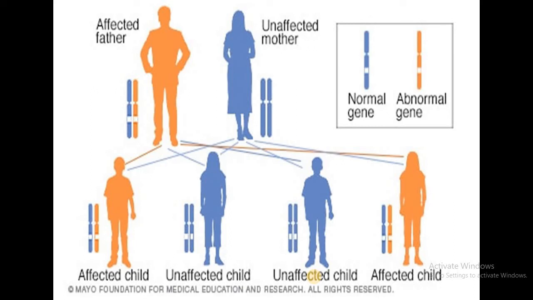With the exception of genes on the sex chromosomes, a person inherits two copies of every gene, one copy from each parent, and a parent with a defective gene could pass along the defective copy of the gene or the healthy copy. So the child therefore has a 50% chance of inheriting the gene that causes the genetic disorder. This is how it is transmitted from parents to offspring.